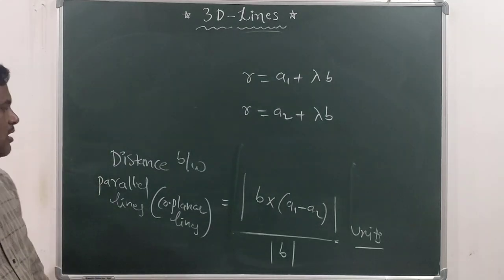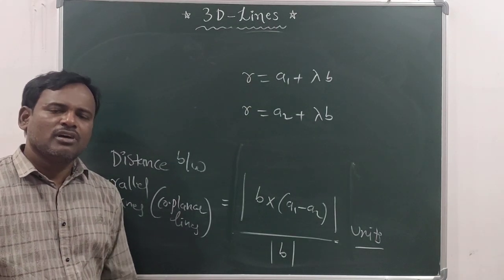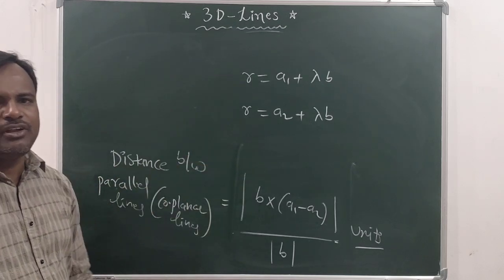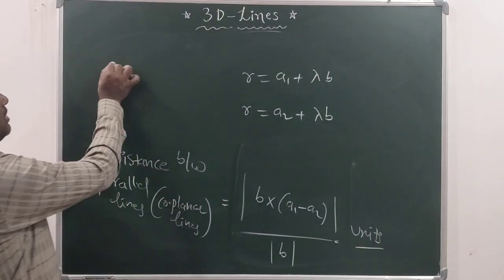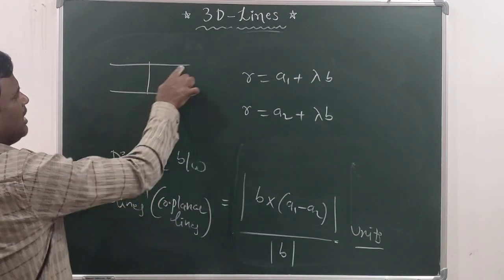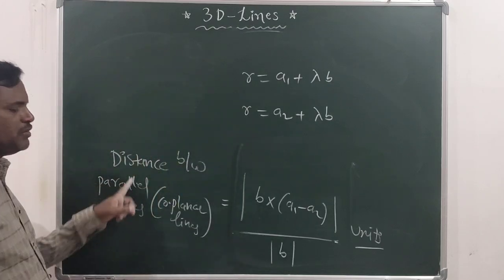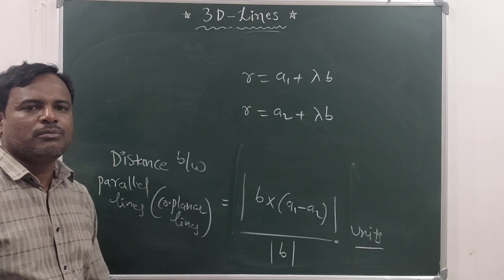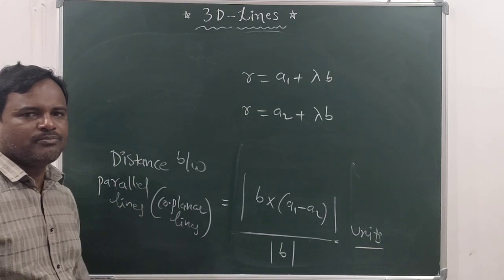So this is the way to find the shortest distance between parallel lines. In parallel lines, wherever you measure the distance you will get the same, but it should be the shortest. See, like this, not like this. So the distance between parallel lines means you have to measure the shortest distance. Use this formula: mod of B cross (A1 minus A2) by mod B.